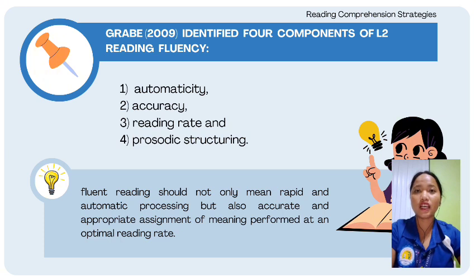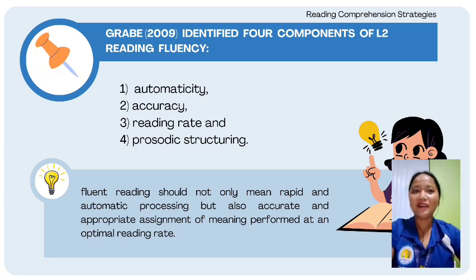Accuracy ensures that words and sentences are interpreted correctly, preventing misunderstanding. Reading rate is the speed at which a person reads while maintaining comprehension, neither too slow, which hinders understanding, nor too fast, which may lead to missing key details. Prosodic structuring involves reading with natural rhythm and intonation, which helps in understanding the structure and meaning of sentences.